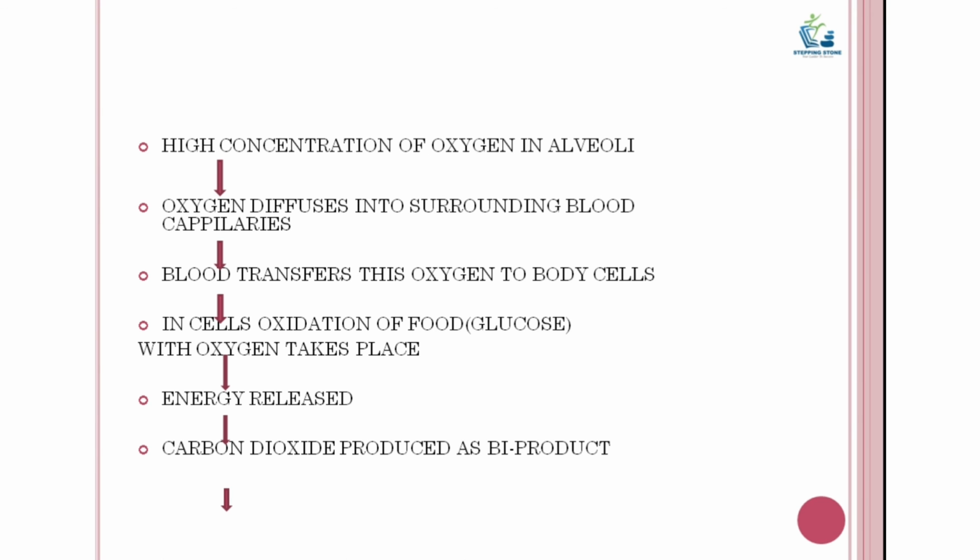So carbon dioxide diffuses from the body cells to the blood, and the blood carries this carbon dioxide to the alveoli due to the difference in concentration of carbon dioxide. In this way, the carbon dioxide reaches from the body cells to the alveoli, through the bronchioles, bronchi, and finally through the nostrils. It is expelled to the atmosphere when we breathe out.